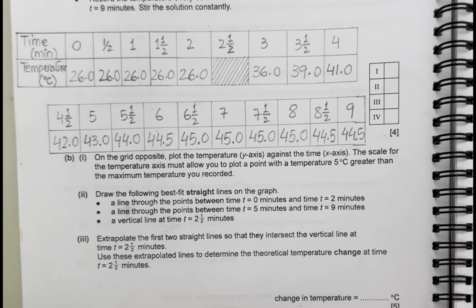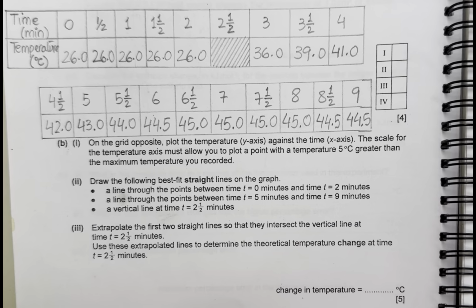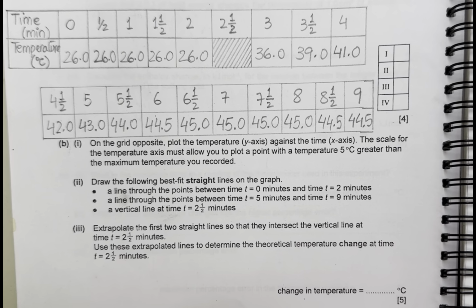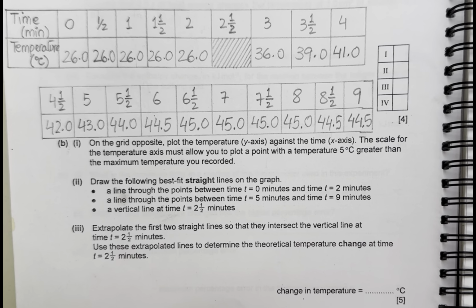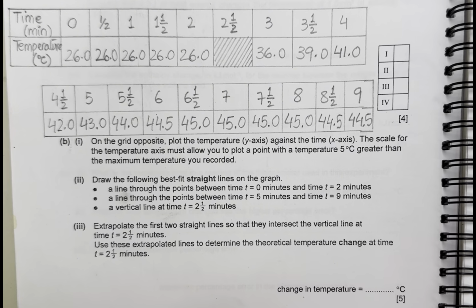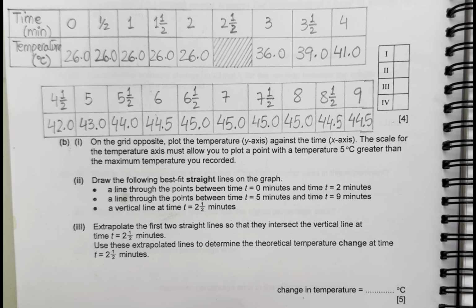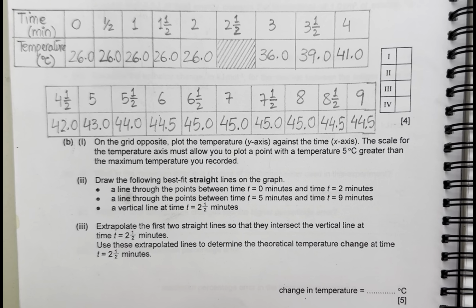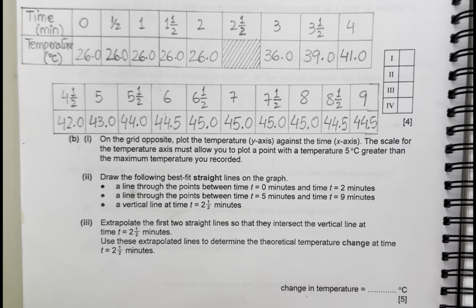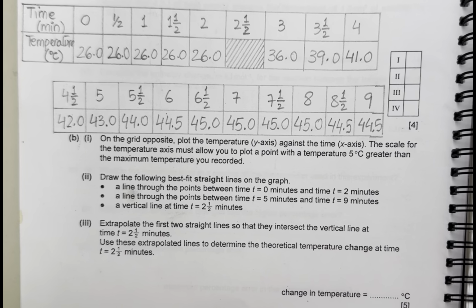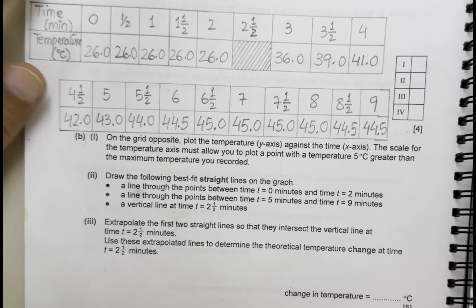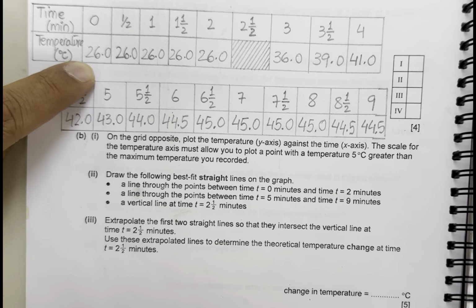So we need to take a bigger graph scale to incorporate all the time values from 0 to 9 minutes and the temperature. If it is going up till 50 degrees Celsius, then we must not start with a 0 because from 0 to the minimum temperature, which is 26, the graph will be empty.